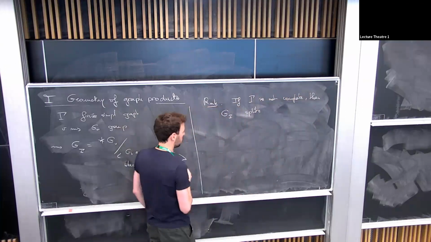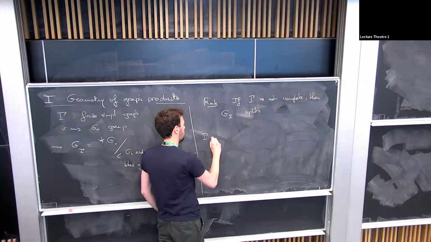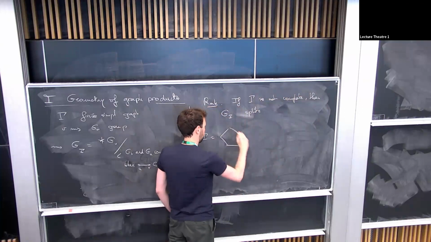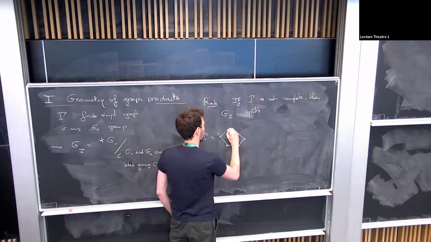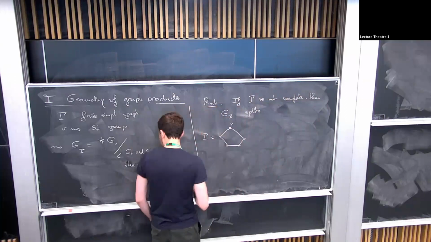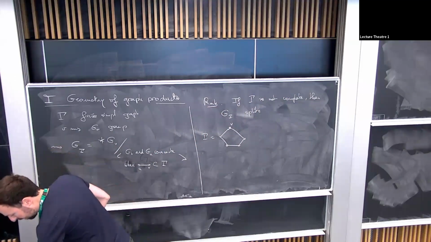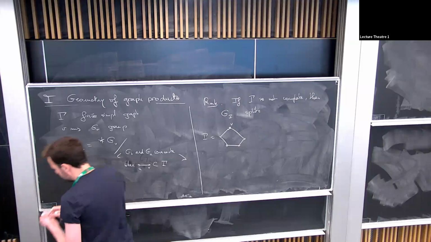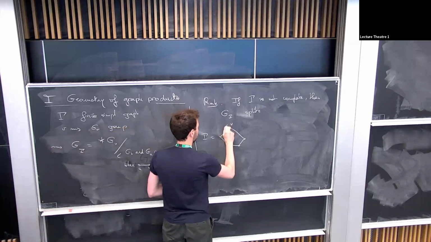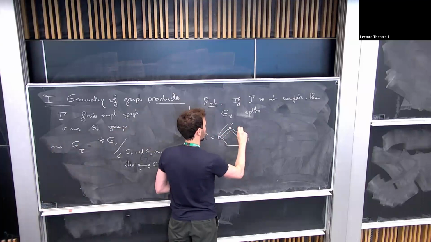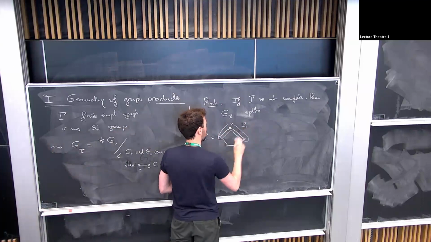Just to give an example, if gamma is a pentagon, and I pick this vertex here, V, I can look at the star of V, the neighbors of V. That's going to be my first subgraph gamma 1.